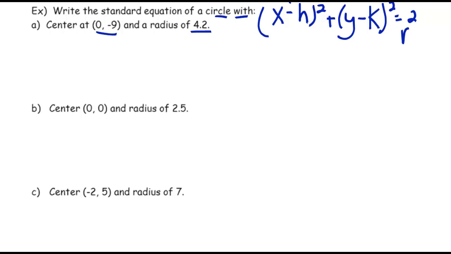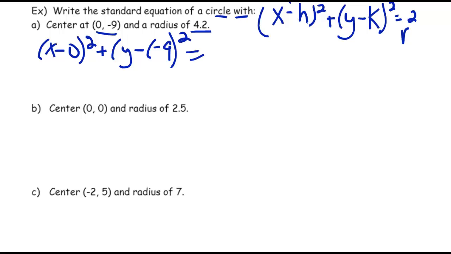That's our general form of the equation. So let's plug this in. We've got x minus the h value, which is the x of your center point, so x minus 0 squared, plus y minus k, but remember my k value here is negative 9. That's the y value of my center point, equals 4.2 squared.